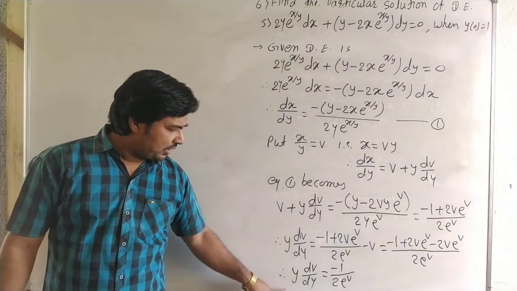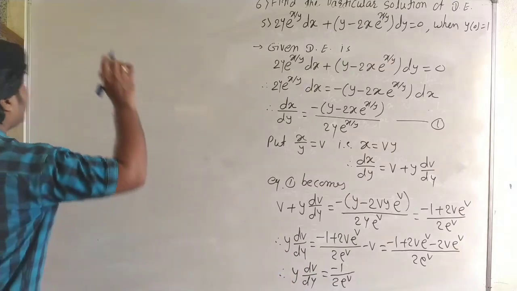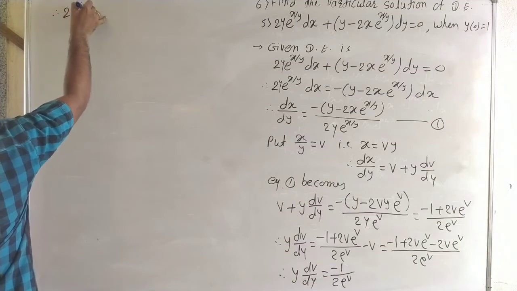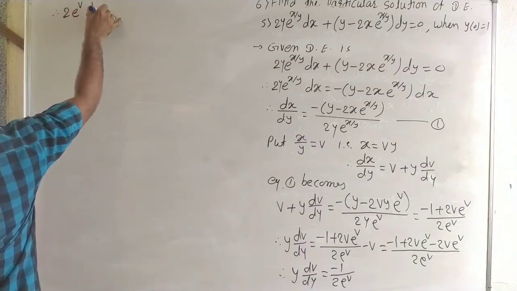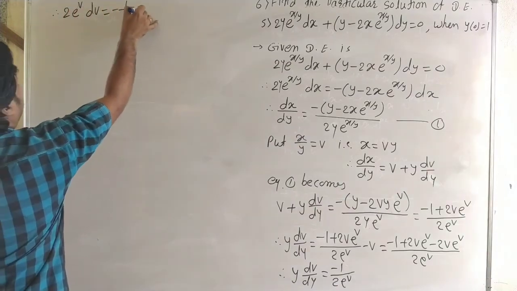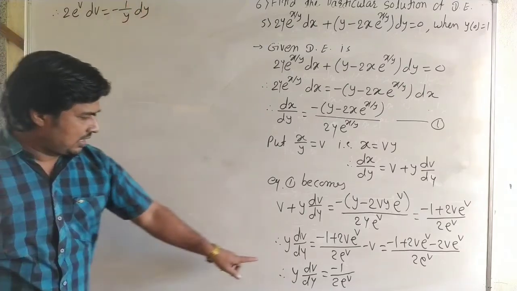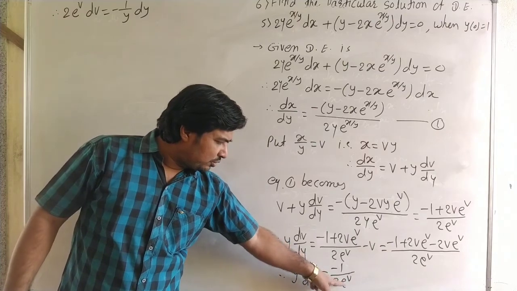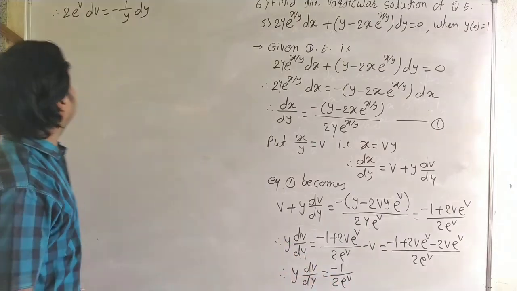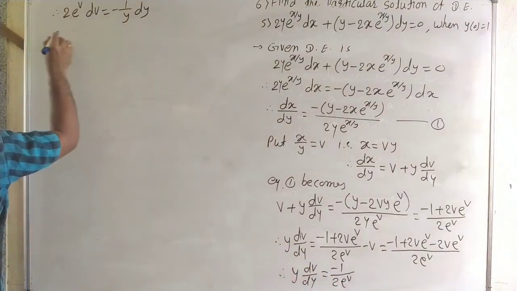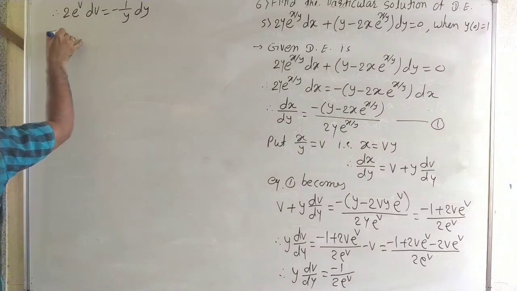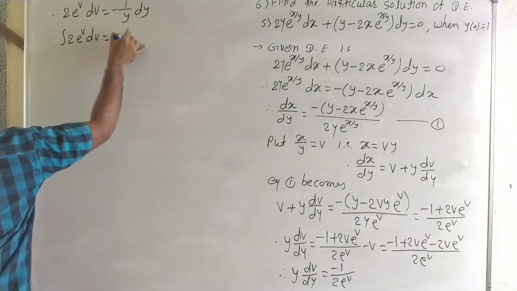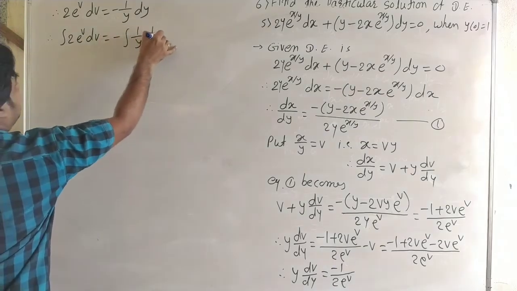Now we separate the variables v and y. Therefore we can write 2 into e to the power v dv is equal to minus 1 by y dy. This y dy we can write in the RHS, and here 2 e raised to v in the denominator we can write in the multiple of this v. Now the variables are separated, taking integral on both sides. Integral of 2 e raised to v dv is equal to minus integral of 1 by y dy.